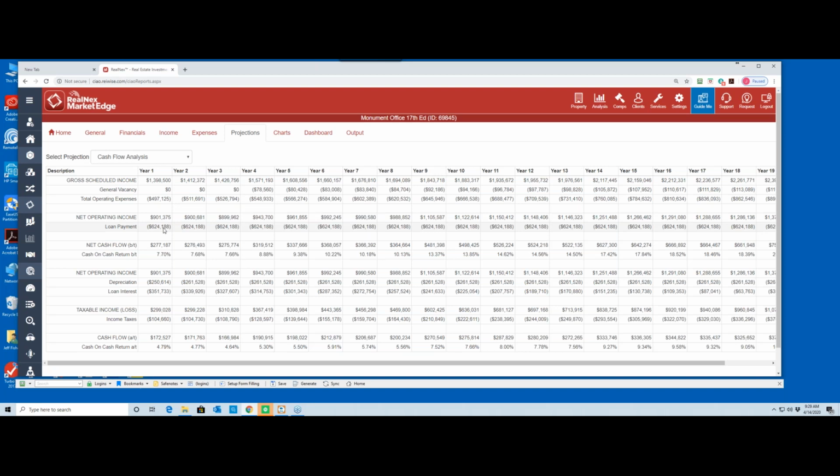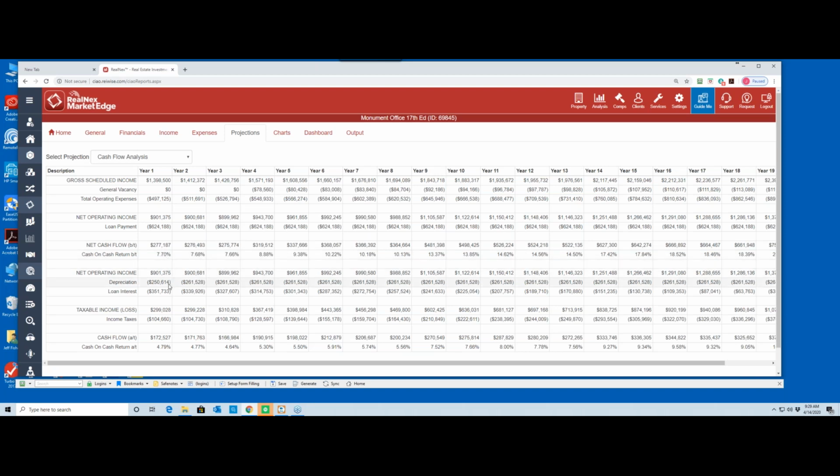Subtracting the loan payment then gives us our cash flow before tax. And then based on that, we have a cash on cash return. That's dividing the cash flow by the equity that we have in the property. So we're getting a 7.7% cash on cash before taking into consideration any price appreciation.